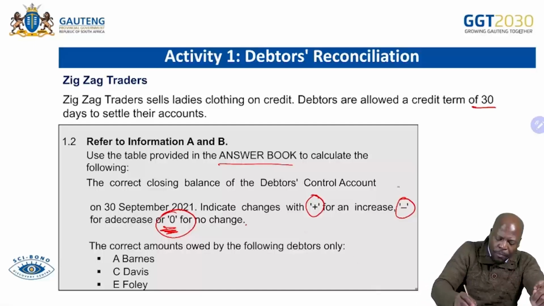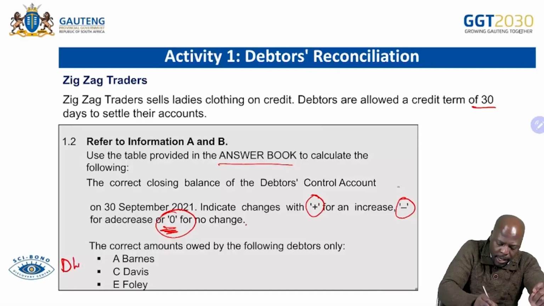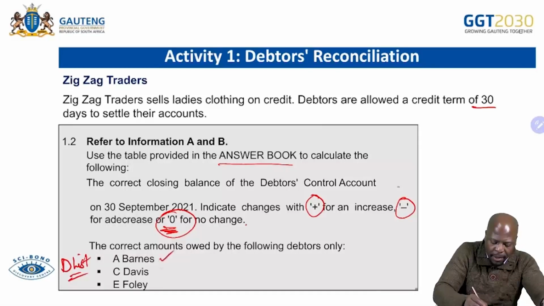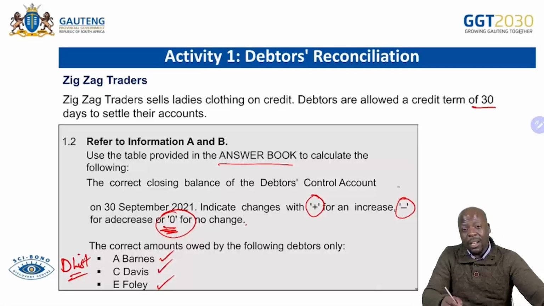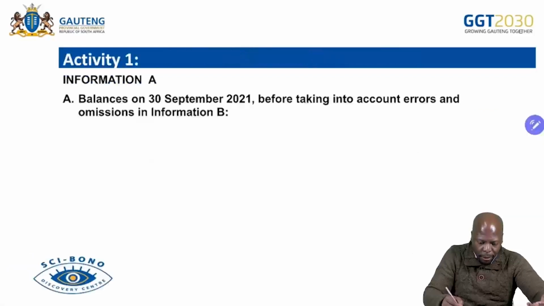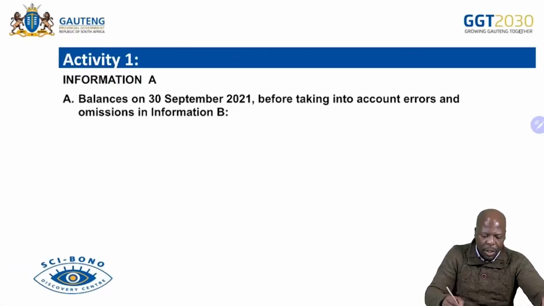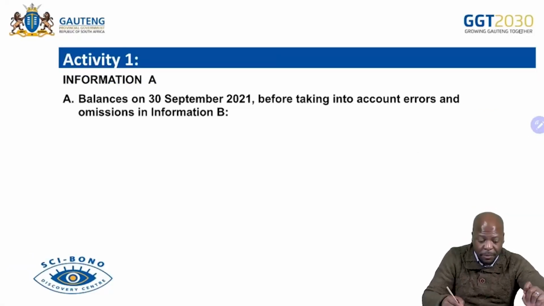And the correct amounts owed by the following debtors only. So this is now our debtors list. In the list we have Mr. A. Barnes, Mr. C. Davis, and Mr. E. Foley. These are our 3 debtors. So this becomes the debtors list. Now, information A reads, a balance on 30 September 2021 before taking into account the errors.